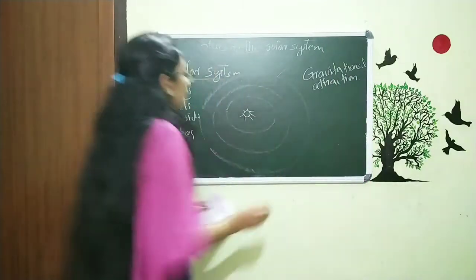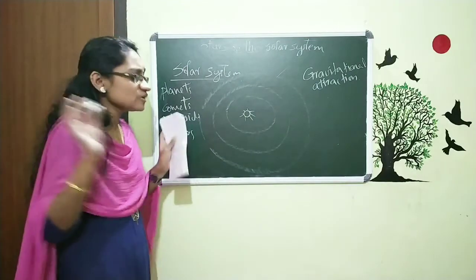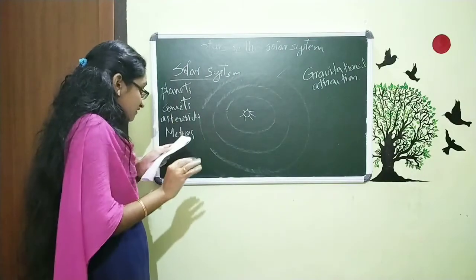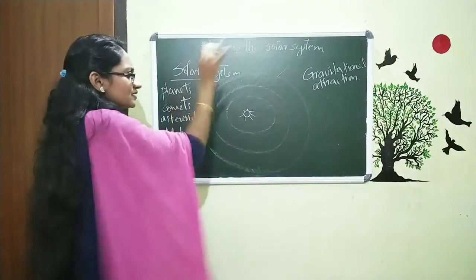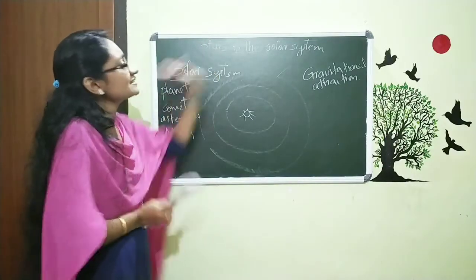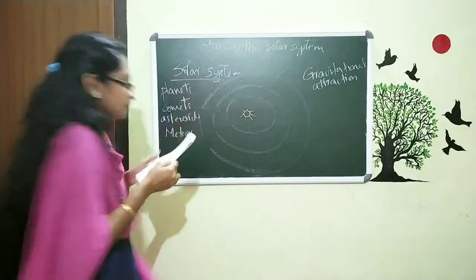These celestial bodies have a certain attractive force, and that is gravitational force, and you will study this in detail in your 9th standard. So just remember that the reason is this attractive force, called gravitational force.